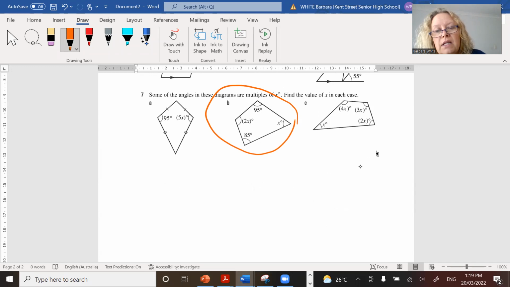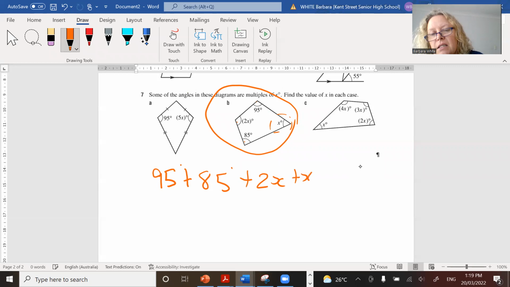So all of these angles, 1, 2, 3, all 4 of them add up to 360. So you write a sum and it goes like this: 95 plus 85 plus, well, I don't know what this is, but it's 2x. So plus 2x. And I don't know what this is, but I know that it's x.